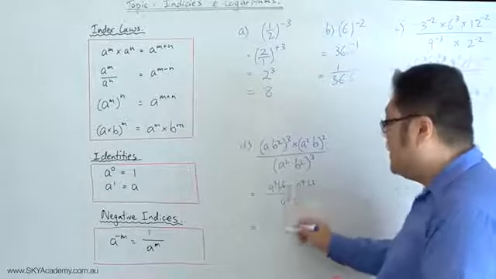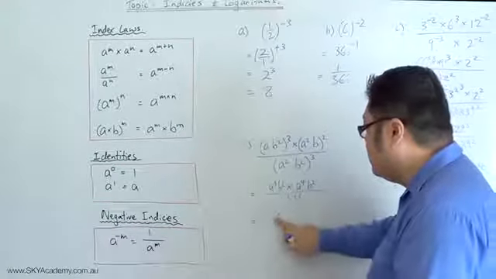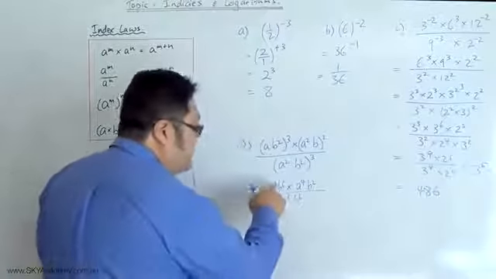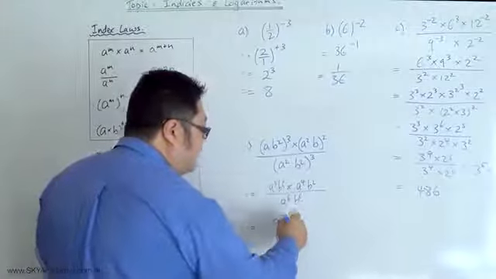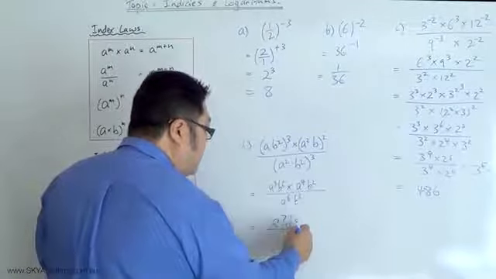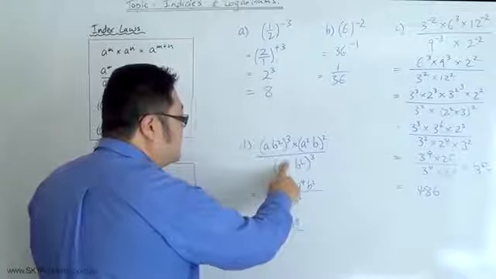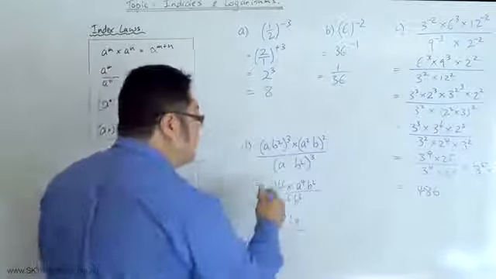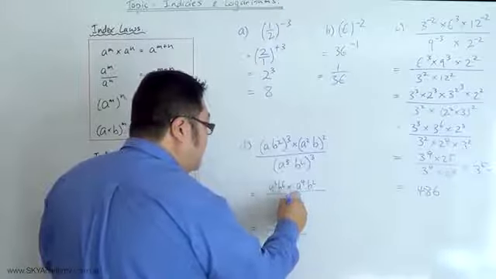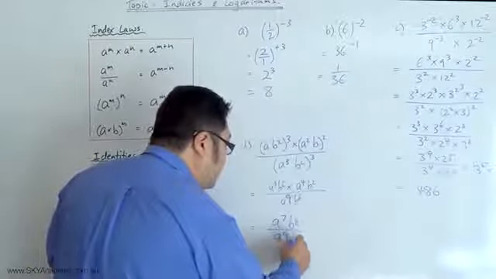So when we multiply, what we get is a to the power of 7, because 3 plus 4 is 7, b to the power of 8, because 6 plus 2 is 8, all over, let's change this to a 3, because I want to make it a little bit more interesting. So 3, that would become 9. So it becomes a to the power of 9 over b to the power of 6.